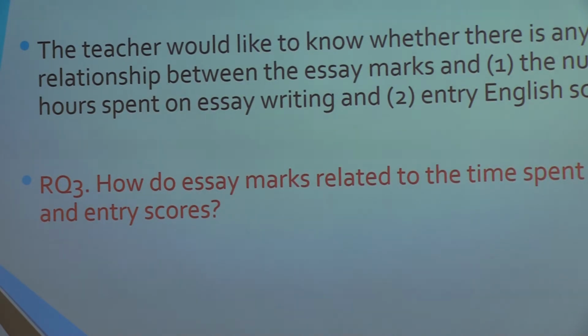For all 45 students, and we also have 45 entry English scores, right? So actually, we have 3 sets of scores, but only 1 group, right? We're going to see the relationship between all 3 variables. So we have to use which test? Correlation test, that's right, correlation test.